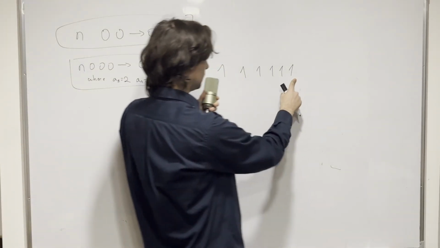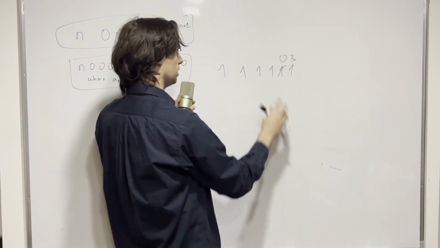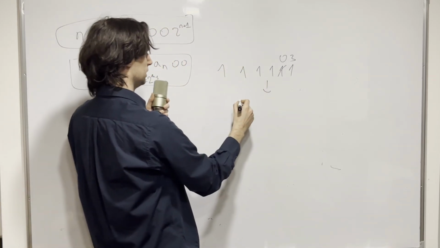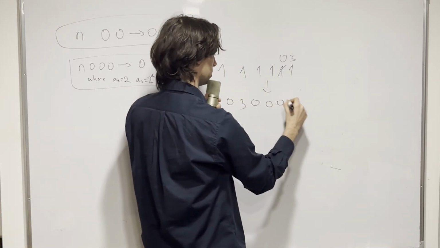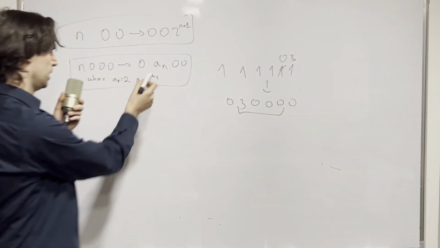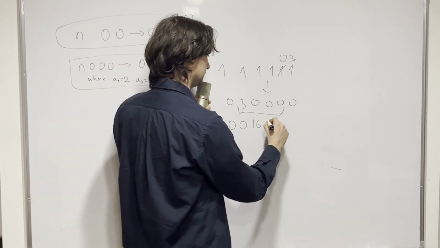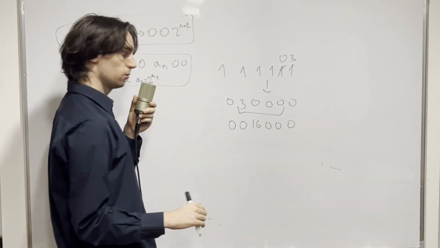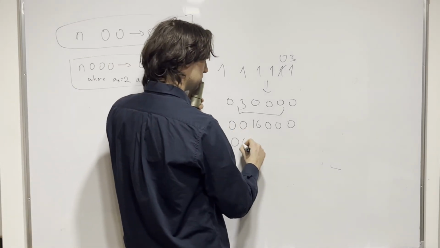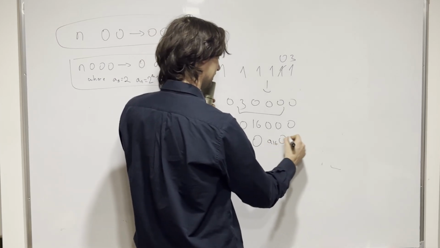So let's get rid of, say, instead of a 1, I'll write this as 0, 3, switch around once, switch around twice, I'll move this here, 3, 0, 0, 0, 0, 0, and then on these 4, I apply this operation, and I'll get 0, 0, 16, 0, 0. This is 2 to the power of 2 to the power of 2, and now I'll have 0, 0, 0, and a 16, 0.